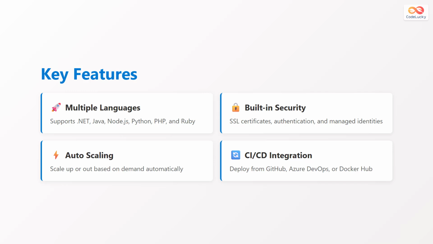Third, it offers auto-scaling capabilities, allowing your application to scale up or out automatically based on demand. And fourth, it integrates seamlessly with continuous integration and continuous deployment pipelines from GitHub, Azure DevOps, or Docker Hub, making deployment smooth and automated.